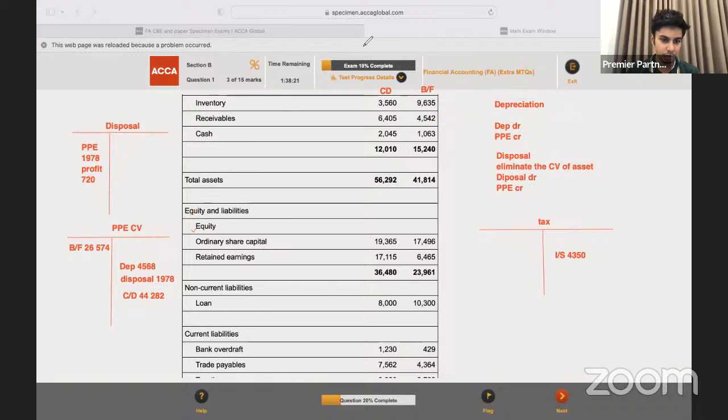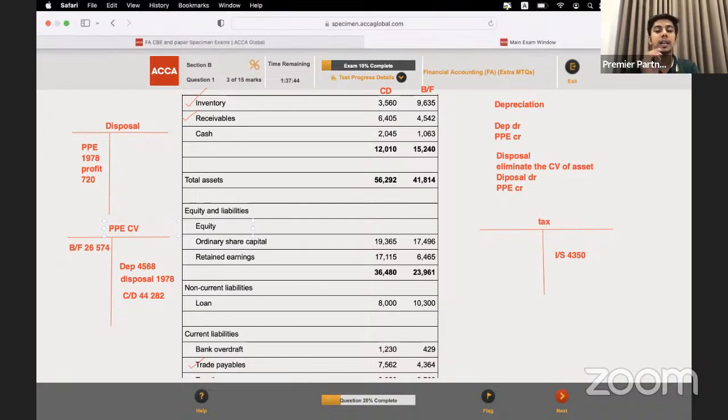So you should know that, guys, inventory, trade receivable, and trade payable are always part of what topic in a cash flow statement? Like we discussed, those are always part of the working capital changes. Understood, guys? Inventory, trade receivable, trade payable are always part of the working capital changes.